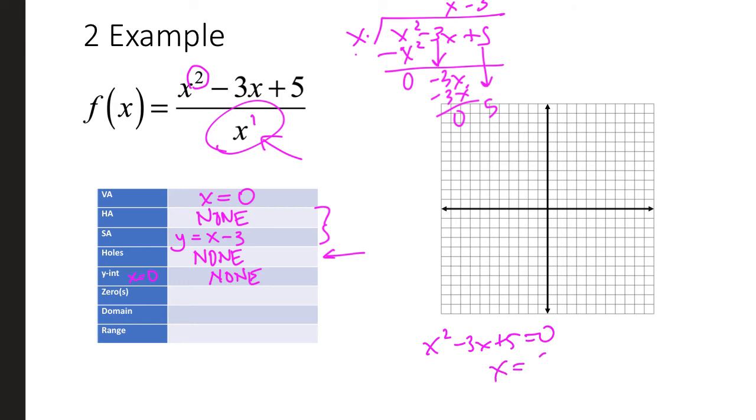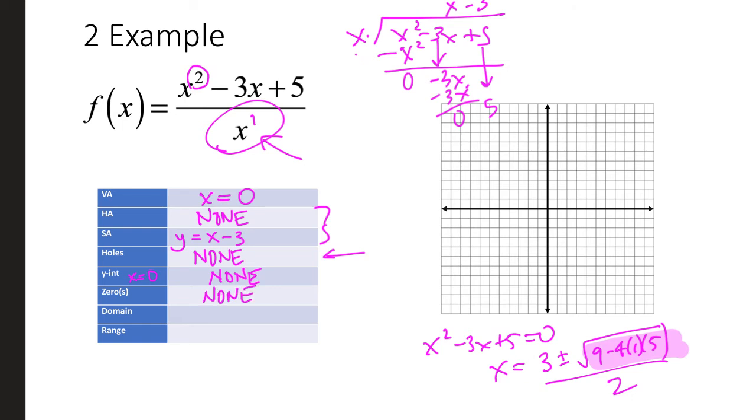X equals negative b plus or minus the square root of b squared minus 4ac all over 2a. All right, and hopefully you can see right now that this comes out to be a negative, right? It ends up being 9 minus 20, which means those x values would be imaginary, which means there aren't any zeros.